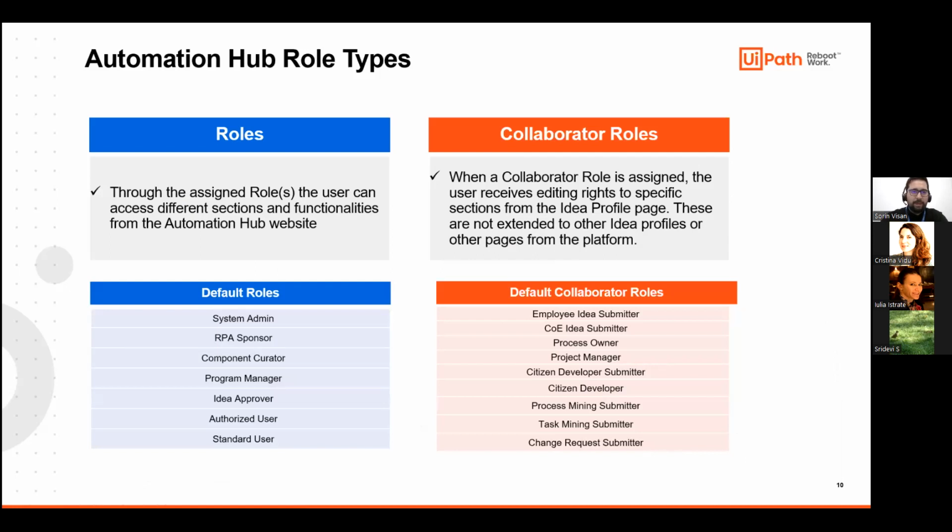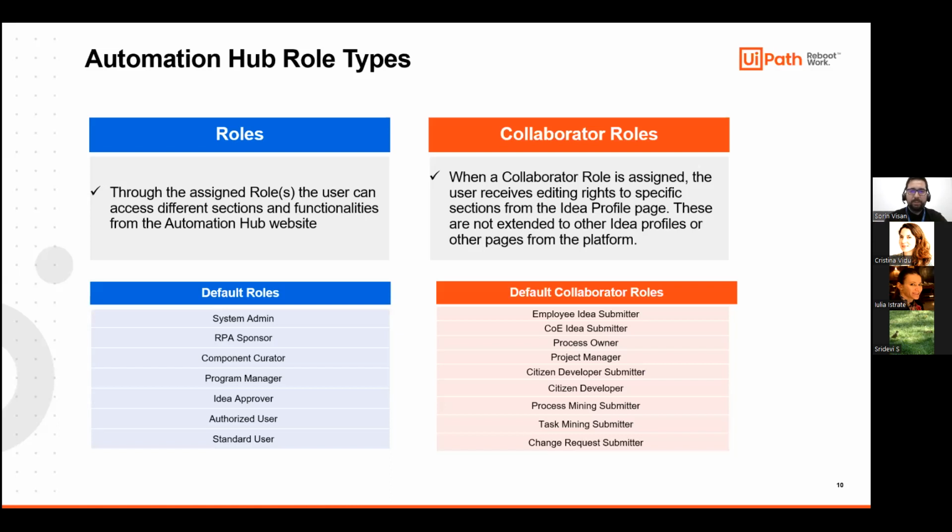So we have what we call roles, which are the ones that basically give you access to different sections and functionalities from the Automation Hub website. We have here the system admin, component curator, program manager. You'll see them used in our scenarios. At the same time, we have collaborator roles. Now, these collaborator roles, when we assign them, are associated to a specific automation idea profile page, right?